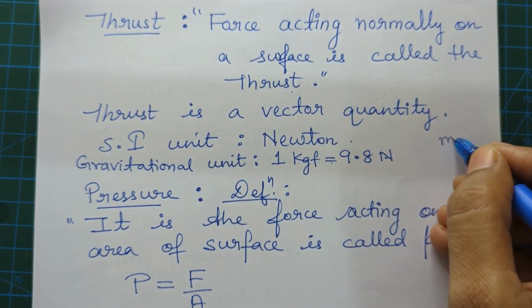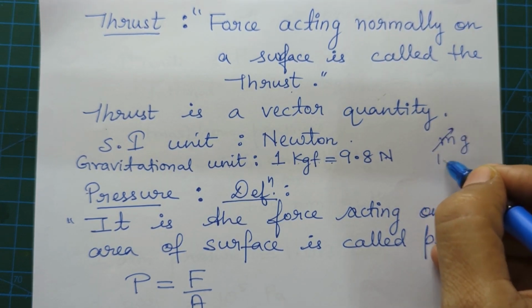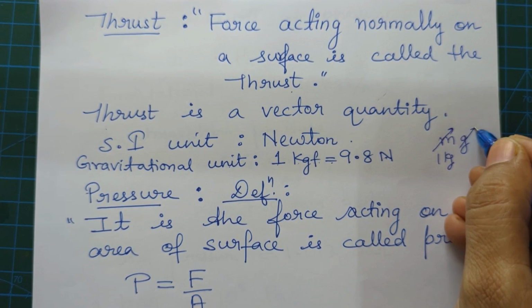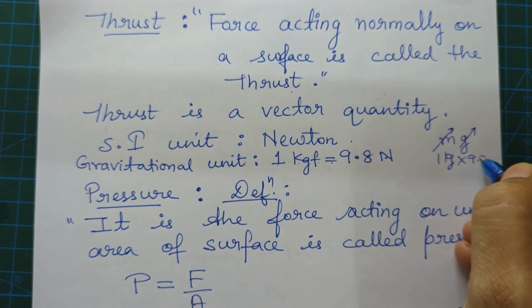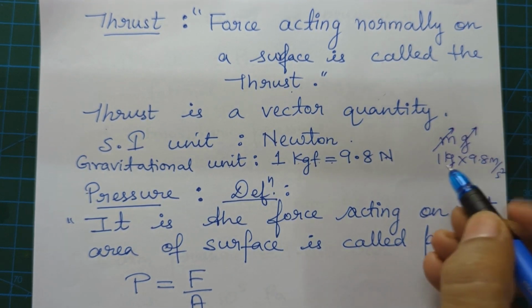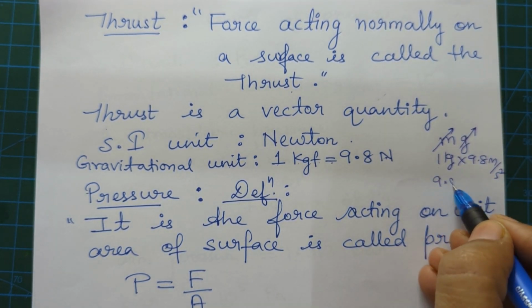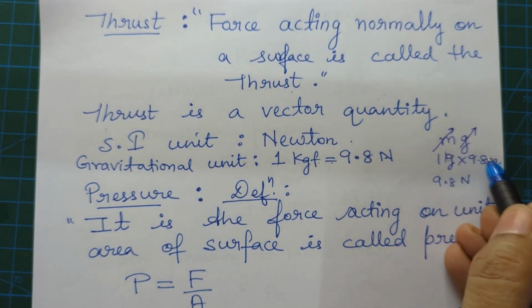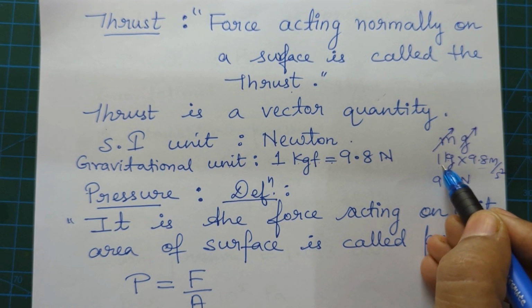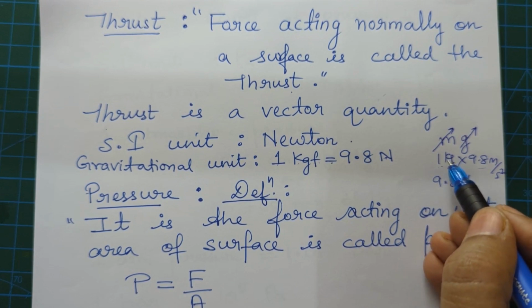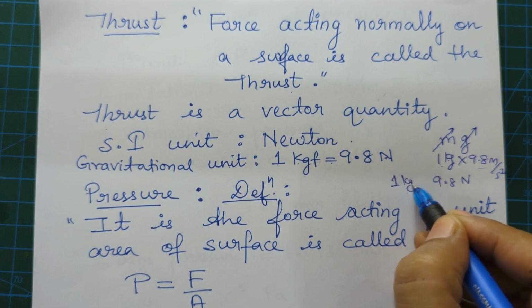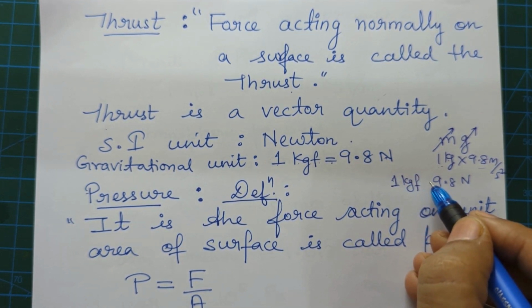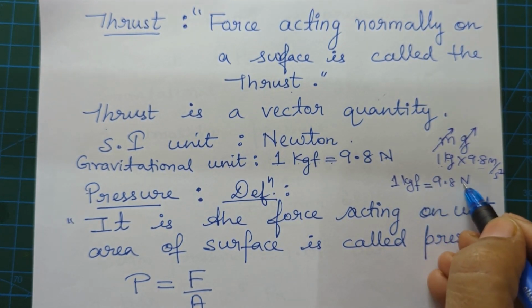So force is actually mg. If mass is 1 kilogram and it is Earth, then g of Earth is 9.8 meter per second square. Then 1 into 9.8 is 9.8, and kilogram meter per second square is Newton. And this is by definition of 1 kilogram force or 1 kilogram weight, which is the gravitational unit of force. So 1 kilogram force means force applied on 1 kilogram mass by Earth is equal to 9.8 newtons.